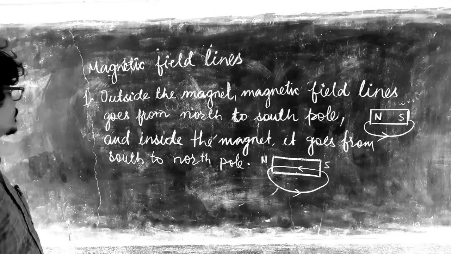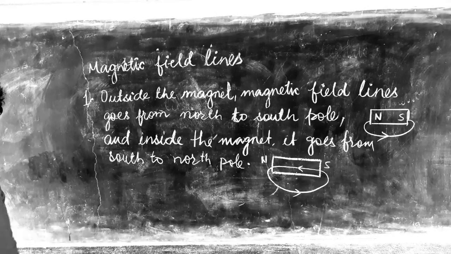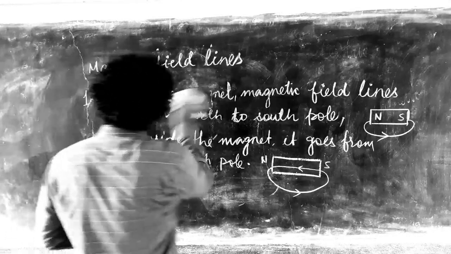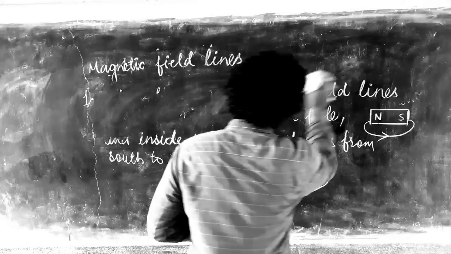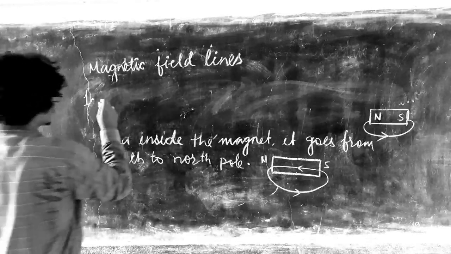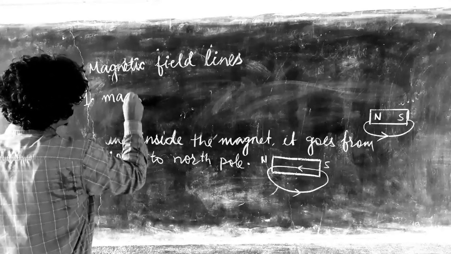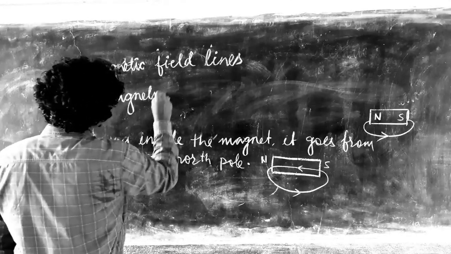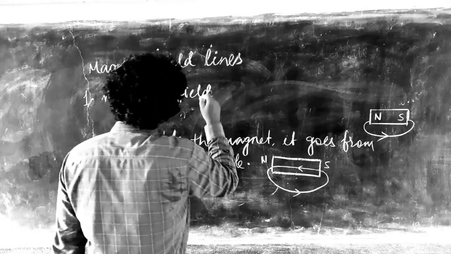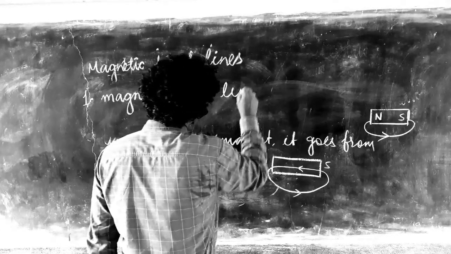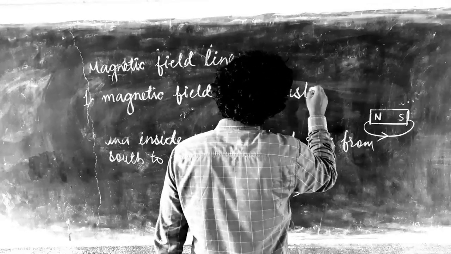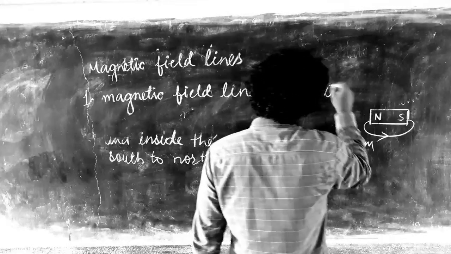Second thing, magnetic field lines exist in closed loops.